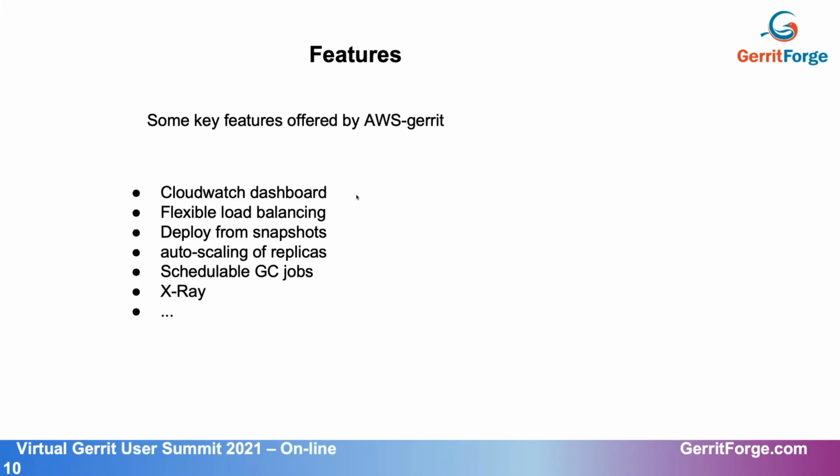You can get auto scaling of replicas, which means that you can configure AWS-Gerrit so that you can specify the criteria for which you want to enable auto-scaling.